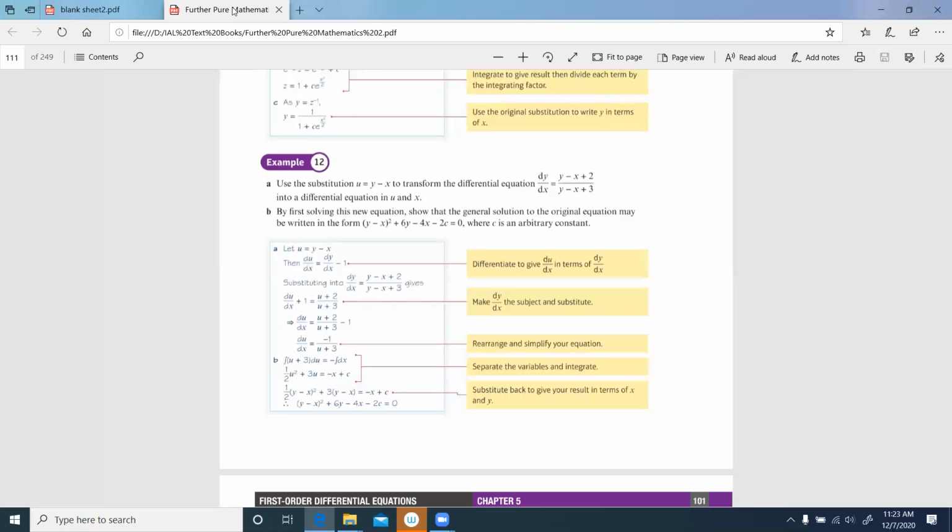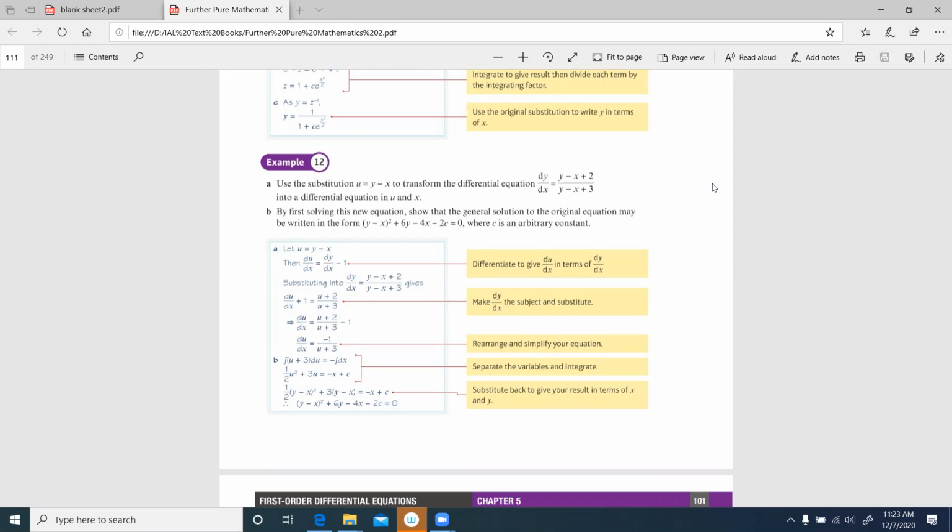Over here, they ask us to use a substitution to convert dy by dx equals y minus x plus 2 over y minus x plus 3 into an equation of u and x. That's the conversion they are talking about, right?